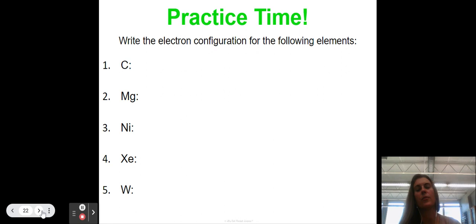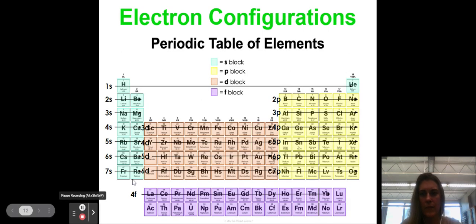All right, so here's some practice. We can do maybe one of the ones down further. So I'm going to look at nickel. Now for nickel, that is right here. Okay, so just follow the labels here. We filled this completely at 1s2. Then we're going to fill this at 2s2. Follow the flow of the table. We're going to fill all of this. So there's 6 elements here, so 2p6.